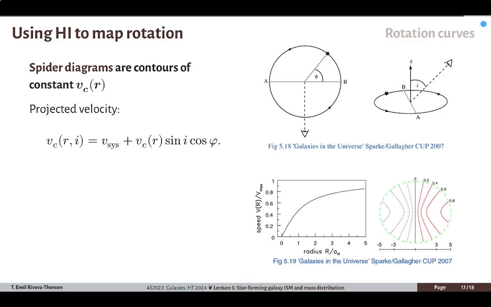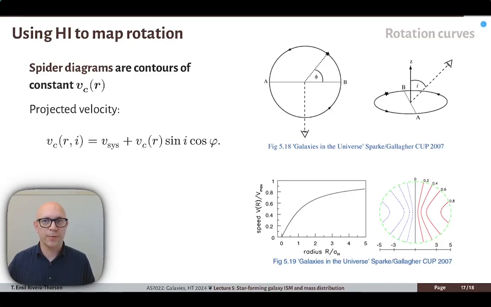As mentioned before, we like to use the 21 centimeter line of neutral hydrogen to map velocities of gas for two reasons. First, because the velocity measurements that we get at these wavelengths are very accurate.